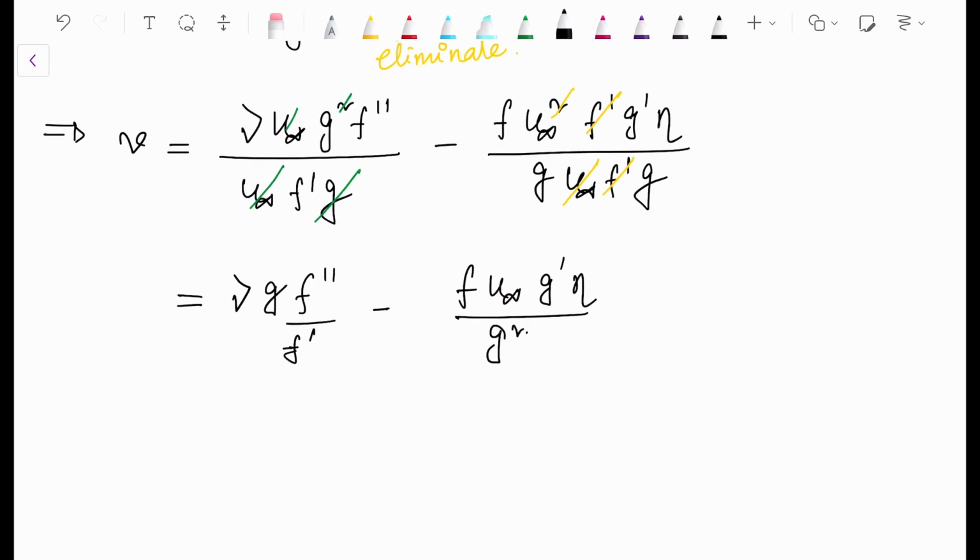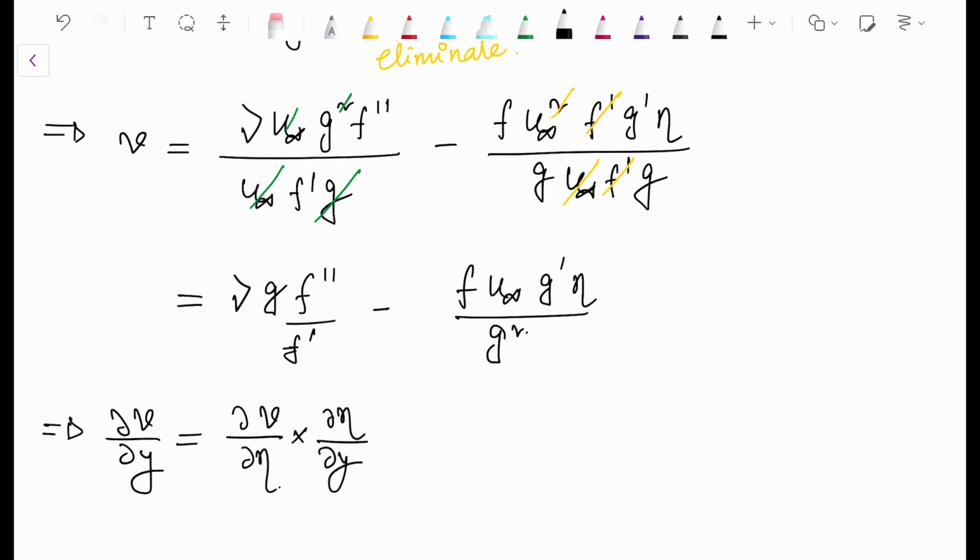Now I have to find del v del y, but I don't want y, so I will write del v d eta into del eta del y. I am writing the whole thing for the sake of your understanding.